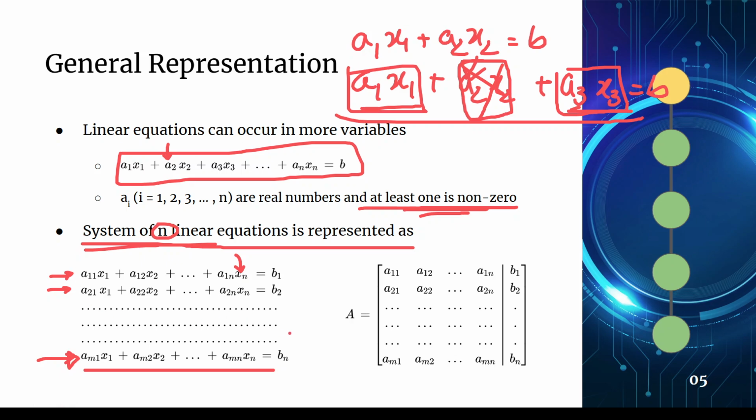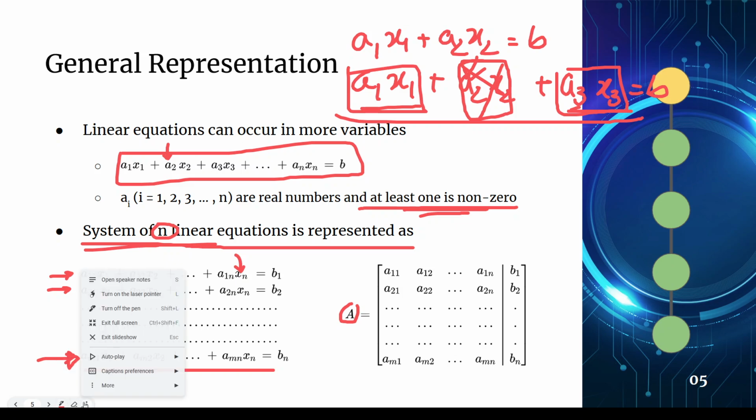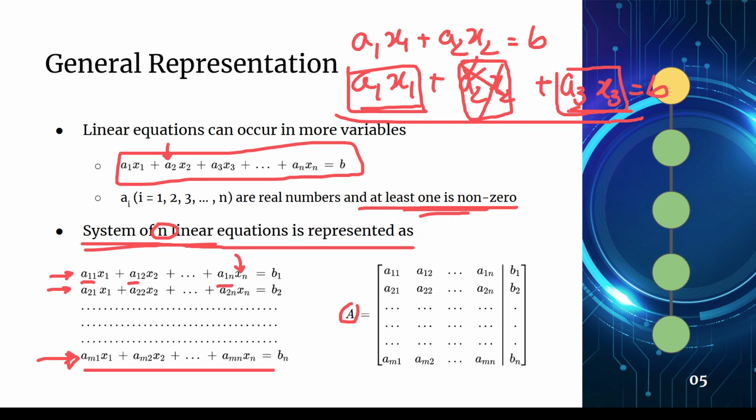Now what we've been trying to say is that all these values can be represented using this one. How is that happening? Well, it's not that difficult to see. You can see that over here we have a11, a12, and it goes till a1n, and you can see the pattern is the same over here. Just below them is a21, a22, and this is the pattern.